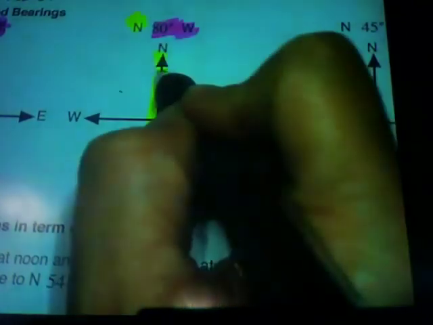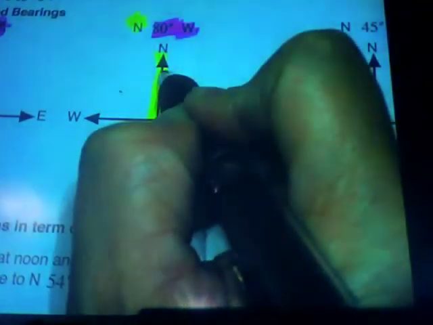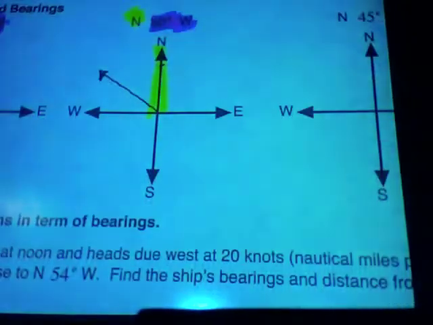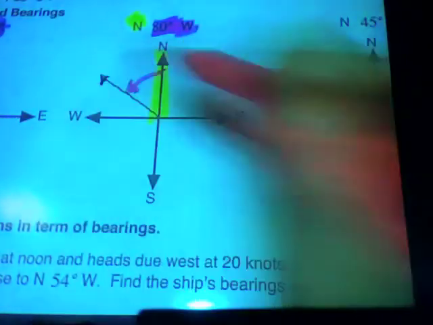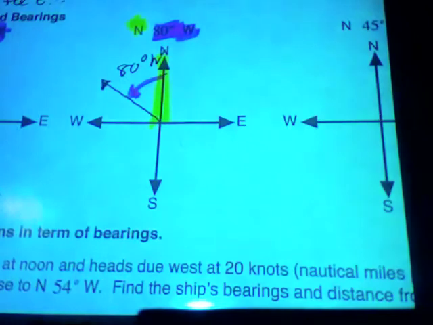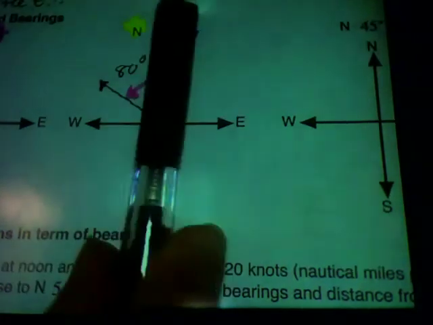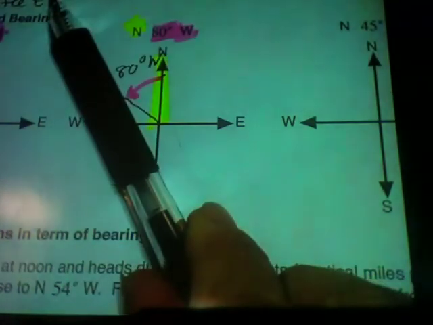Well, 80 degrees means I'm going 80 degrees from the north axis. So the 80 degrees is going to be measured from here. So it really means I'm probably about this far over, give or take a few degrees. So the 80 degrees goes from the north in this direction, west. This angle right here is your 80 degrees west.